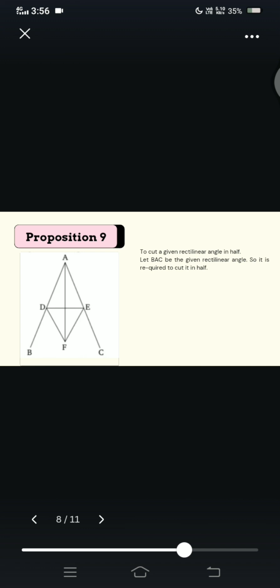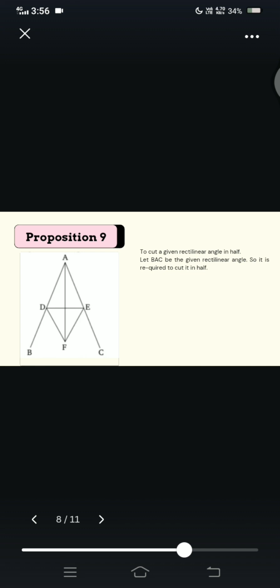Since kinat natin yung line AB, and kaya nagkaroon tayo ng line AD, we will use the line AD to cut our line AC.